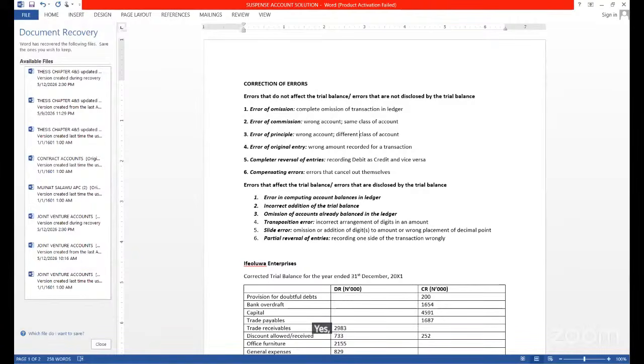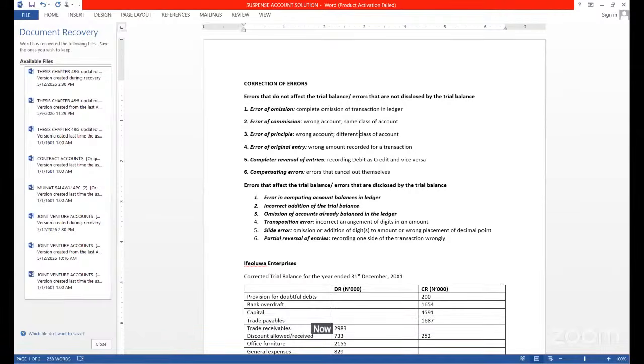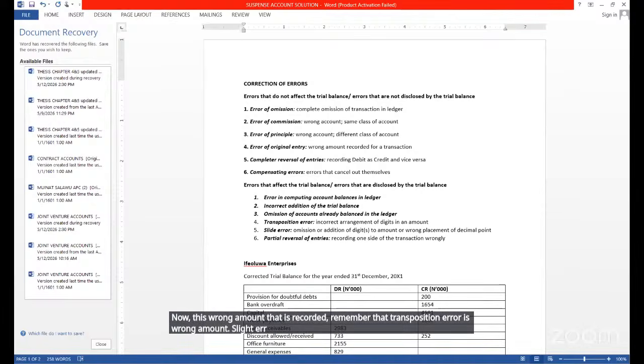All right. So then we have the error of original entry. In the error of original entry, the error occurs such that the wrong amount is recorded for a transaction. Remember that transposition error is a wrong amount, and slide error is a wrong amount, but it affects just one side of the book.